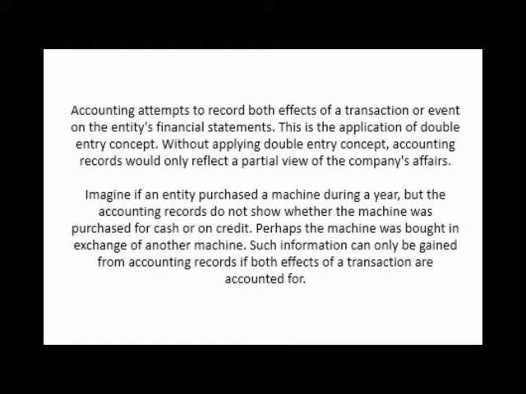Imagine if an entity purchased a machine during a year, but the records do not show whether the machine was purchased with cash or on credit. Perhaps the machine was bought in exchange for another machine. Such information can only be gained from accounting records if both effects of a transaction are accounted for.